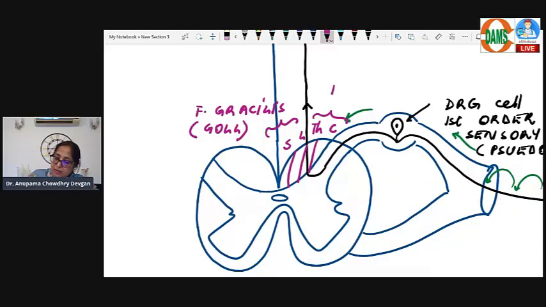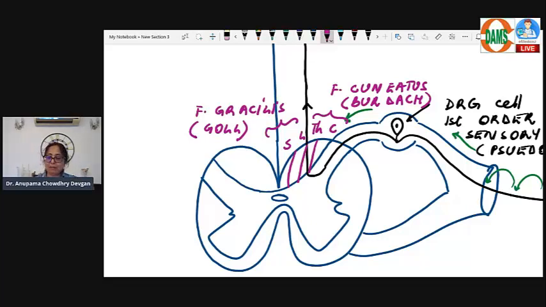Thoracic and cervical fibers are known as fasciculus cuneatus, which is also known as the tract of Burdach. Tracts of Gall and Burdach. Fasciculus gracilis, fasciculus cuneatus.